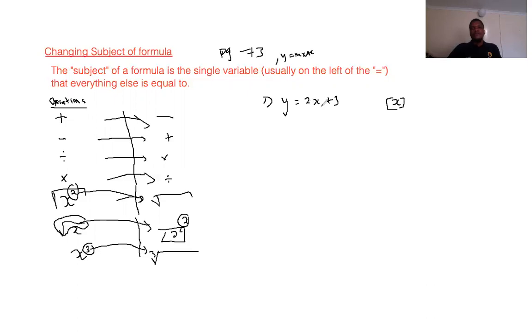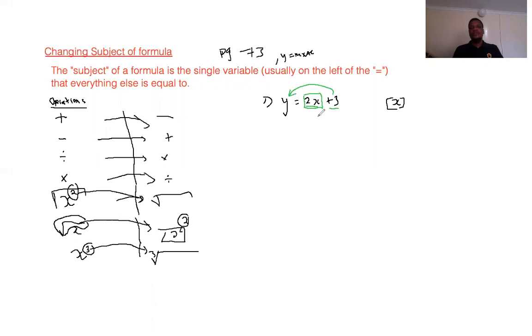Okay. So how do you do this? The first thing you want to do is see the terms. Now we have these two terms. Which term has our subject? The term that is our subject is this one. Once you identify your terms and you see the term that has your subject, what you want to do first is move all the other terms that do not have your subject to the other side.